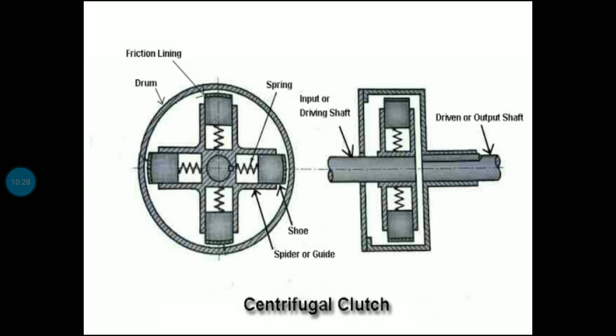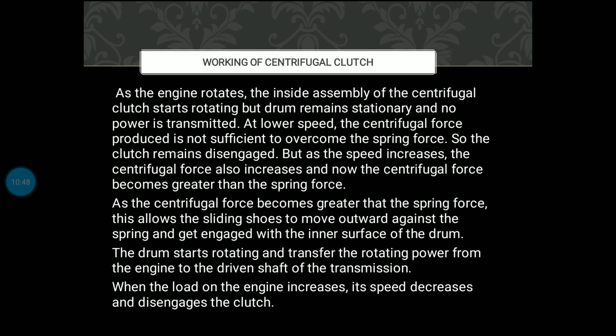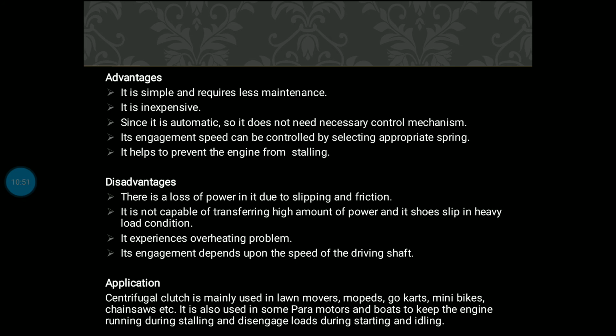In multi plate clutch, in the same way, there will be multiple plates attached with friction area. And here also centrifugal force acts in a round shape, in a centrifugal manner. The main parts are shoe, spring, spider or guides, friction lining and drum. In the same way, the working principle, advantages, disadvantages and applications.